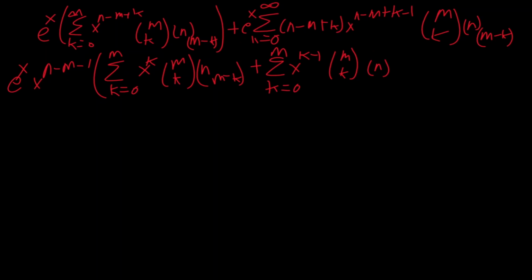The definition for the falling factorial, as I already said, but written out a bit more succinctly perhaps, is that n choose like x right here is going to be equal to n times n minus 1 dot dot dot n minus x plus 1. Which means that if we multiply it by, say, the next term, like this right here, so we have an n minus m plus k.